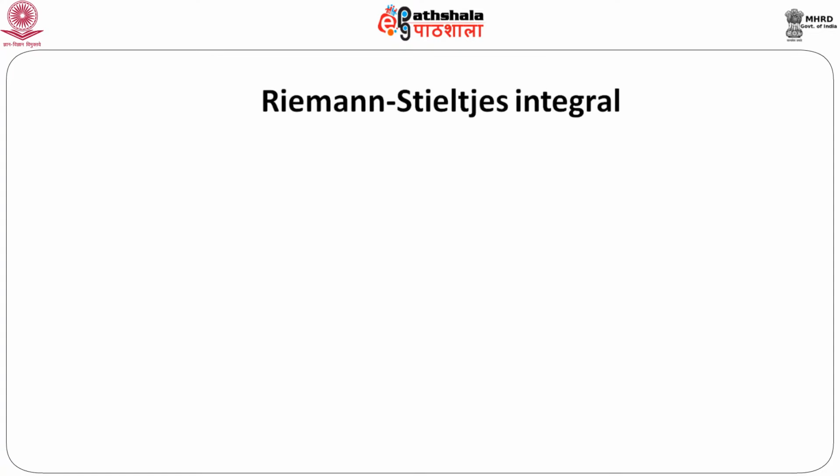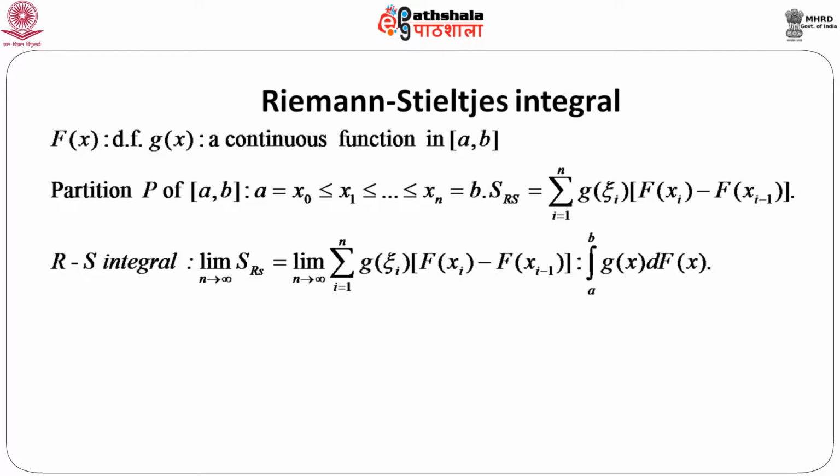So, let us have a quick recap of the meaning of the Riemann Stieltjes integral. Suppose we have a distribution function capital F(x), and g(x) is a continuous function in the closed interval [a, b]. We consider a partition P of [a, b], by inserting n plus 1 points within this interval, so a equals x_0 less than or equal to x_1 and so on, less than or equal to x_n equals b.